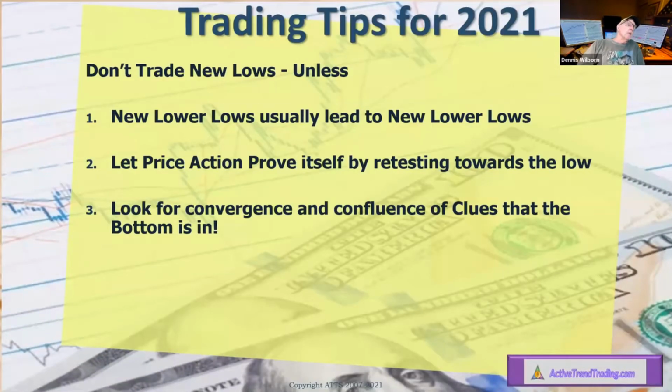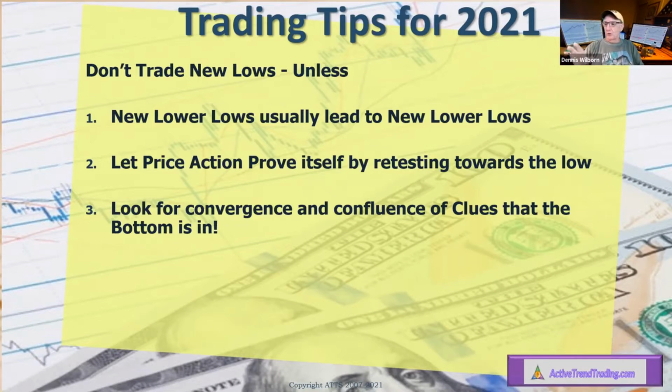So here's my trading tip for you guys. I was reading headlines, and when people put out headlines for YouTube videos, they want to grab your attention so you'll spend some time with them. I saw one today that said, "Stay out of the market until you see this signal."